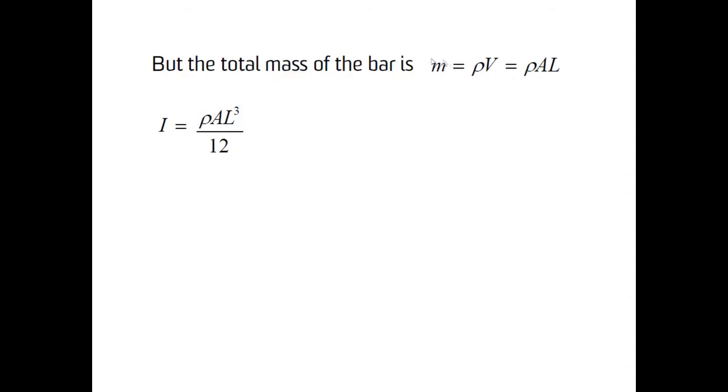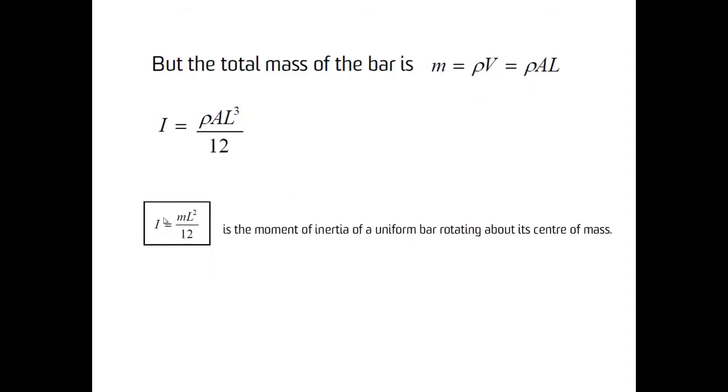Now if we substitute m in for rho a L, we end up with the following formula: I is equal to mass times the length squared over 12. This is the moment of inertia of a uniform bar rotating about its center of mass. Now this formula holds true for any uniform bar rotating about its center of mass.